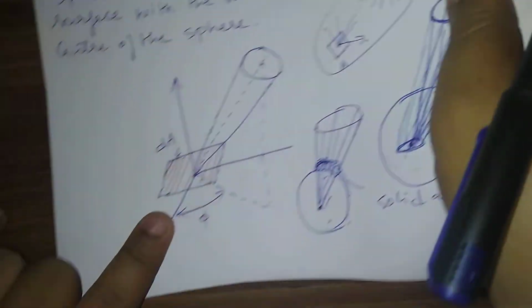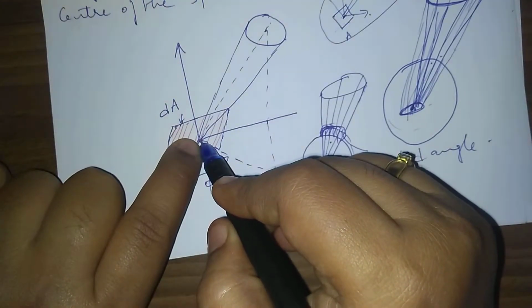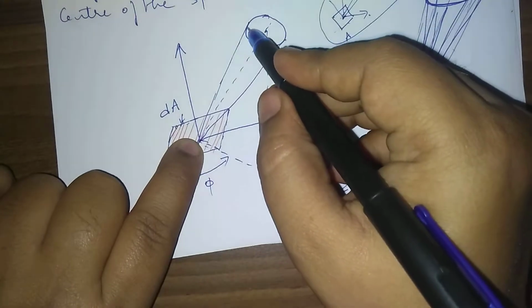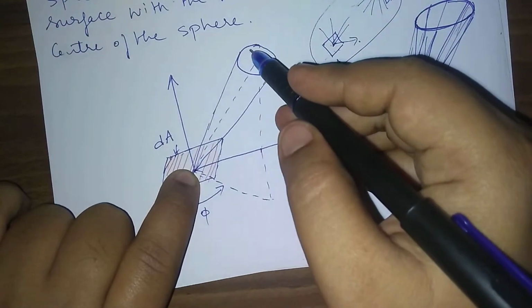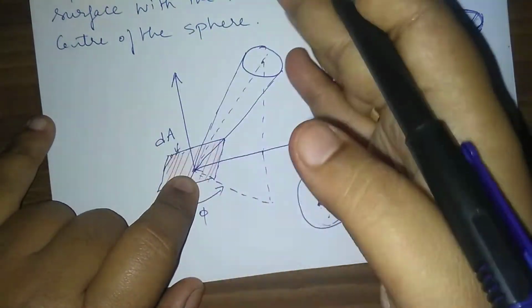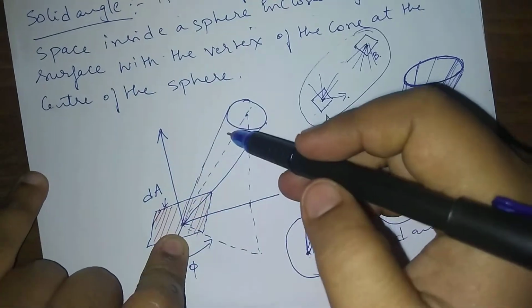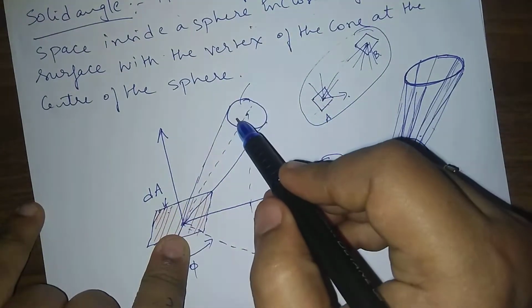So you take any area for that matter. From the center of that area, join the periphery of the other body on which the radiation is incident, where you want to find out the solid angle. If you want to find out the angle, you need some other body, no? So this is dA, this is one more body.